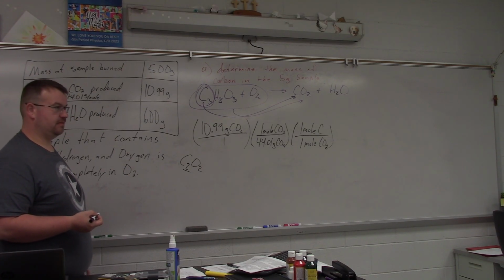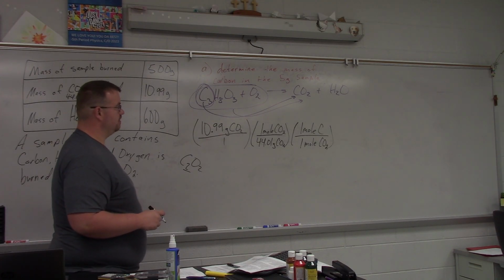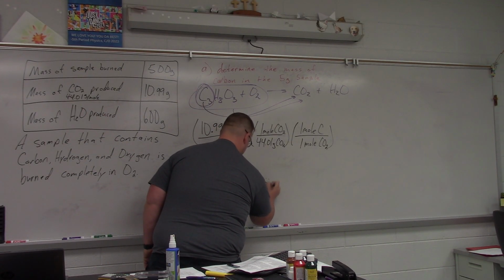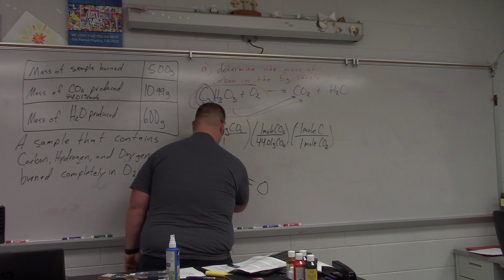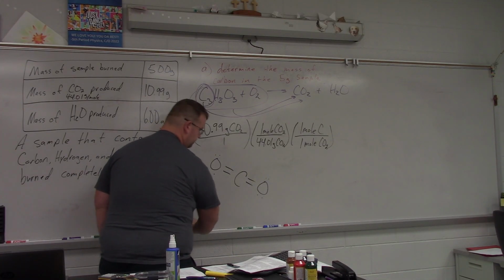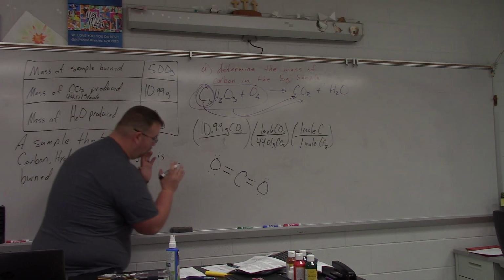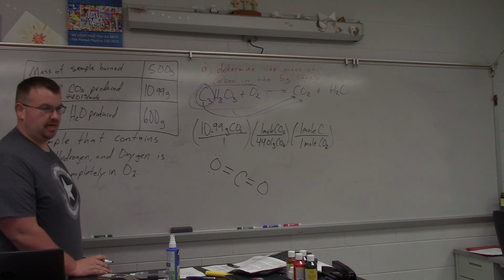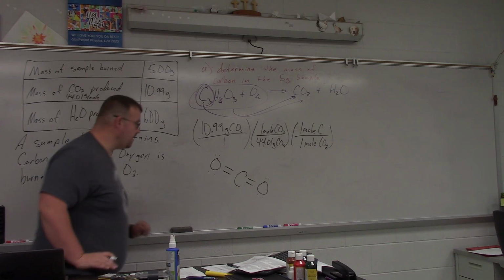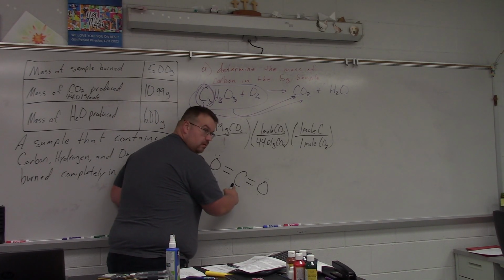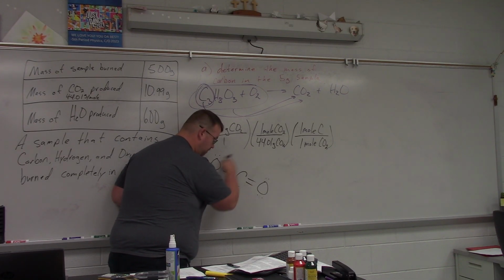Exactly. Okay, let's look at it this way. There's carbon dioxide. That's 1 molecule of carbon dioxide. In 1 molecule of carbon dioxide, how many carbon atoms are there? 1. So there's 1 carbon atom in 1 molecule.